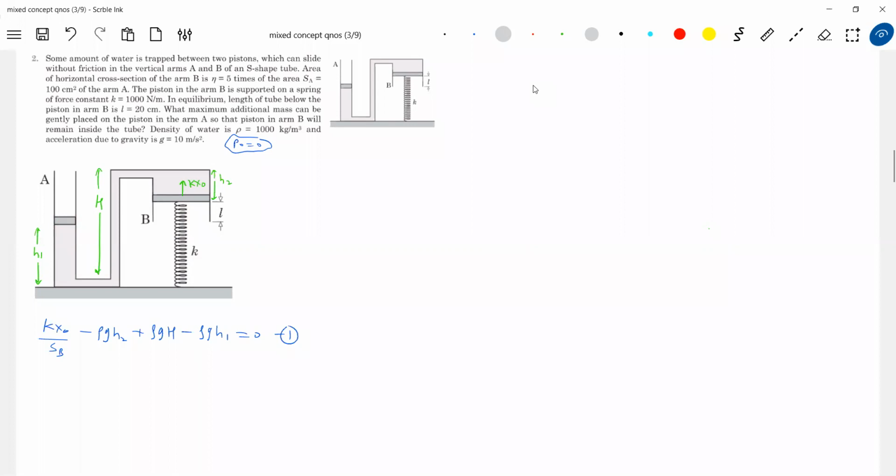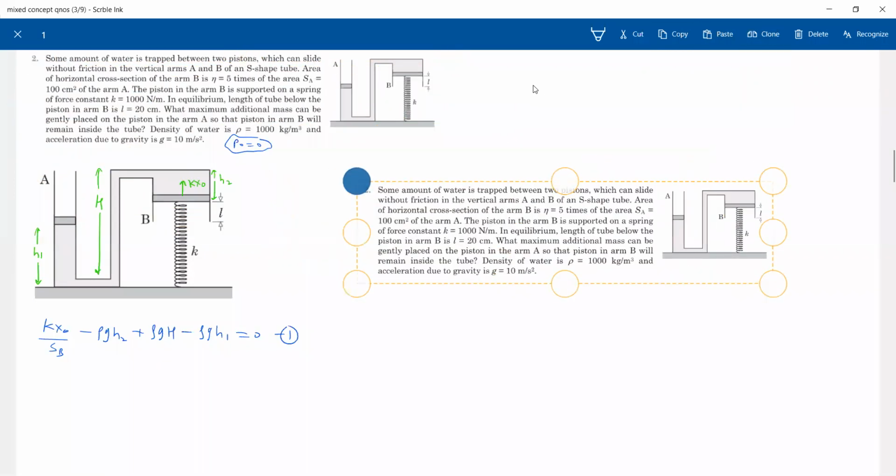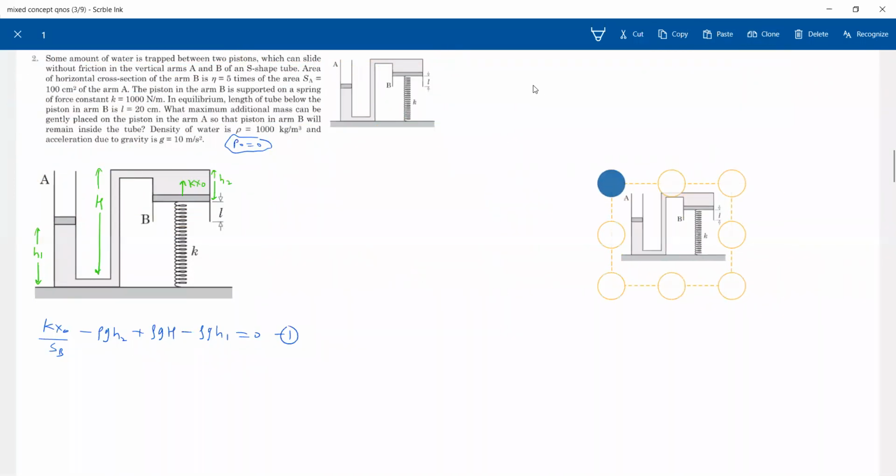Okay, after placing the load, I think it's all about the diagram.